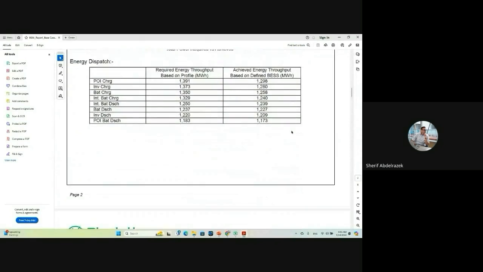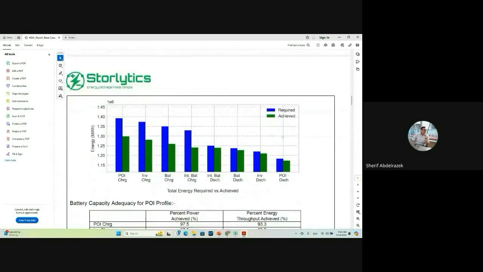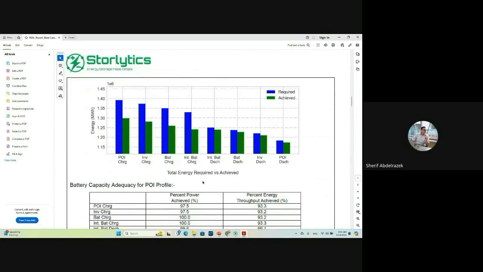So let's shift to the energy achievement diagram here. Same concept. Every point in the project is laid out on the x-axis for both charge and discharge. So we see in terms of throughput, megawatt hours, how much was required over the simulation and how much was achieved, right?